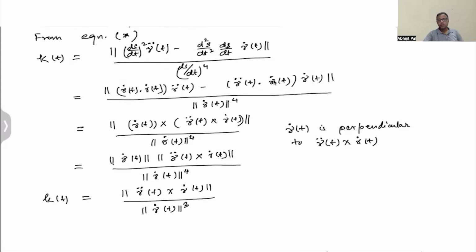Okay, so now suppose you are given a curve which lies in a plane. How do we find the curvature of that? So this is a corollary of this proposition. So let us take a curve.